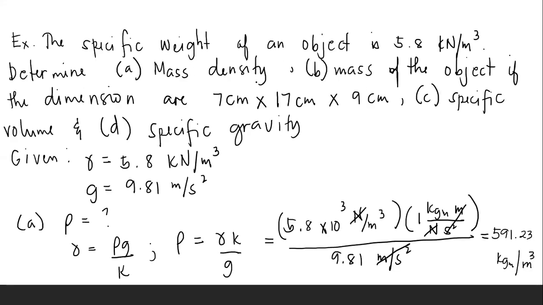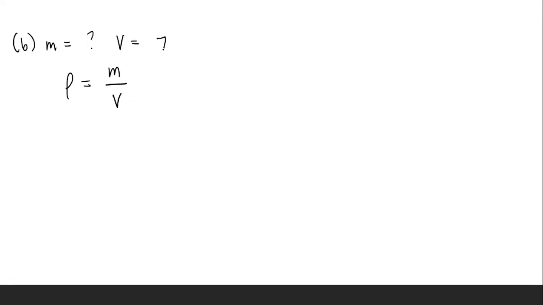For letter B, the requirement is the mass. From the formula, density is equal to mass over the volume, and we are given the volume, 7 by 17 by 9 centimeter cube. The mass is equal to density times the volume.